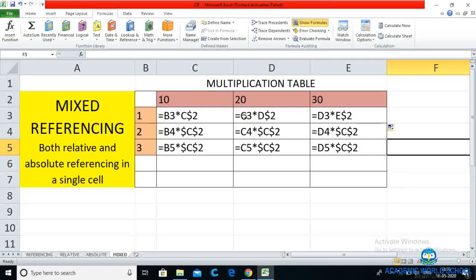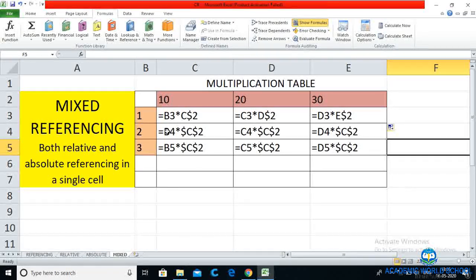Look, the C is changing to D and this D is gradually changing to E. Why is this happening? Because I haven't given a $ sign in front of the column name. So the C is changing to D and then D again is changing to E. That means 10 to 20 to 30. Okay, we have solved this problem.